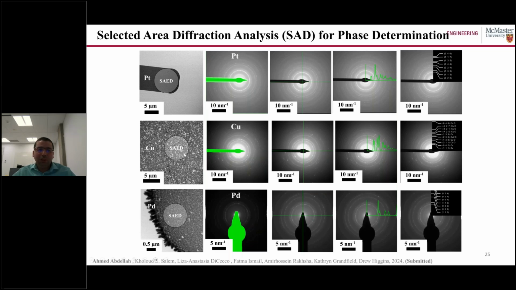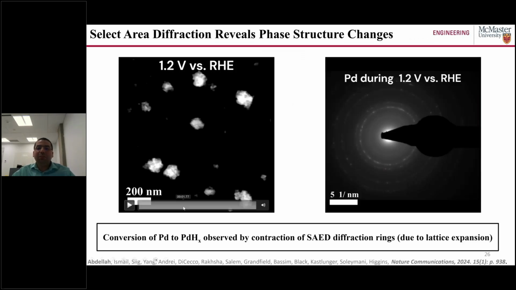For example, if you conduct it on copper or palladium, you can identify the phase of this structure under real conditions. We can see one example here for palladium. Palladium under electrochemical conditions has a phase transformation from metallic palladium to palladium hydride.